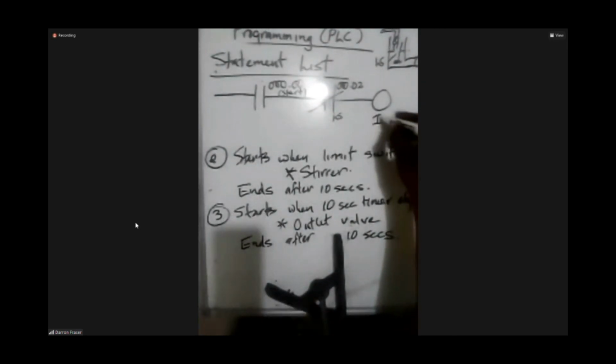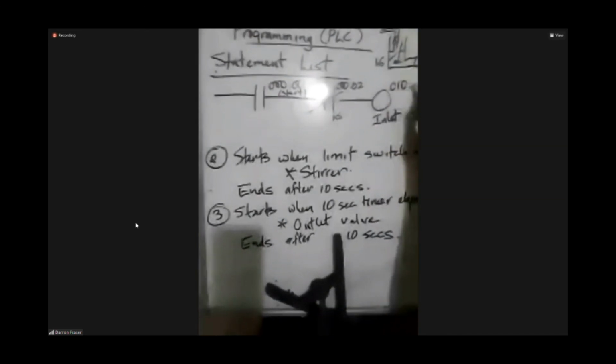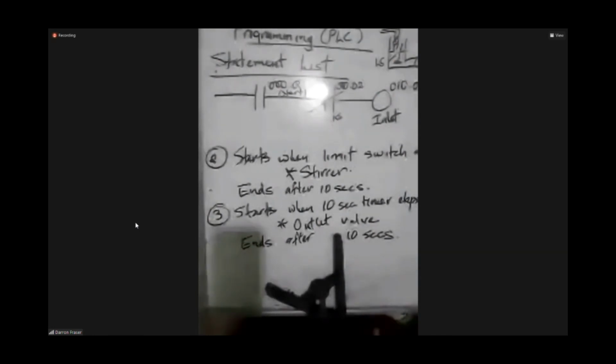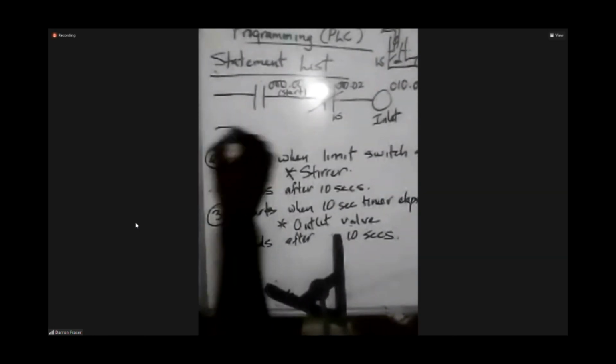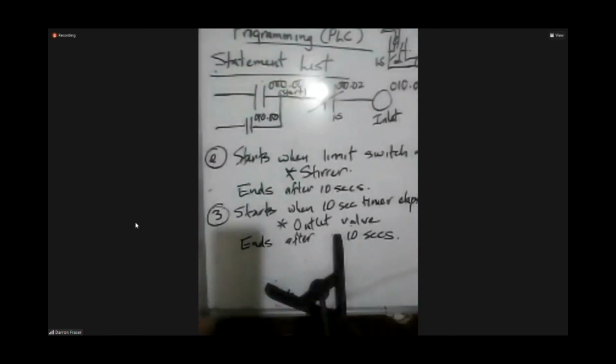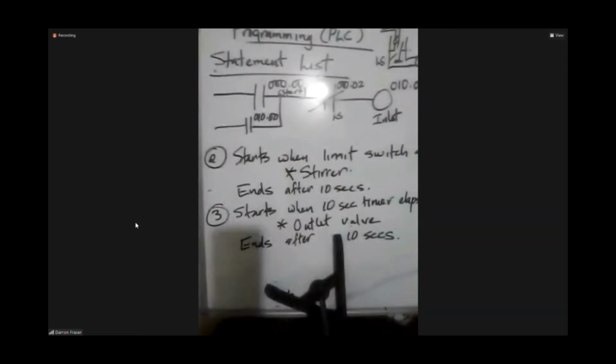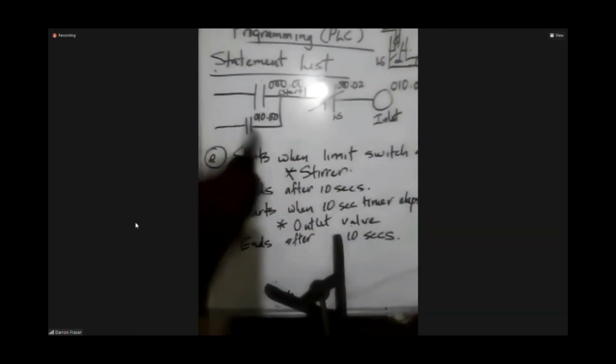The inlet, and it is 010.00. That is the address for the inlet. And like I said, we make it universal, so we get to latch it. So that is my first line of code based on the statement list that I have.